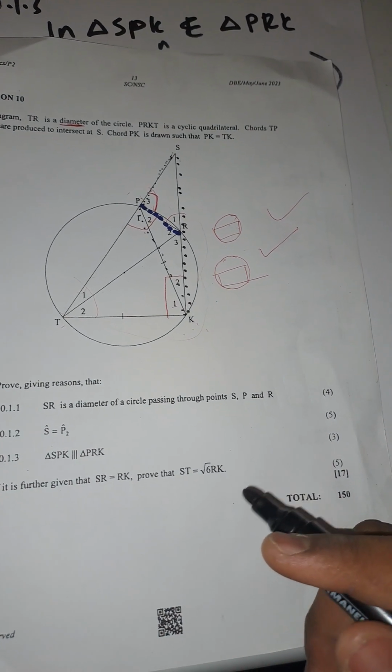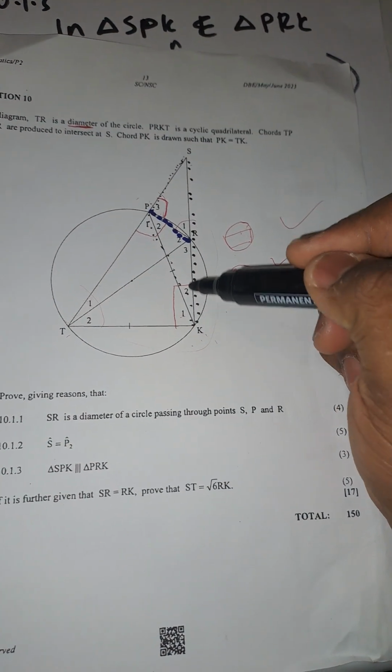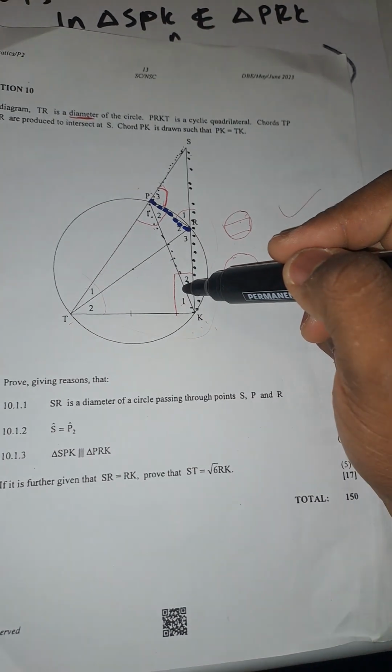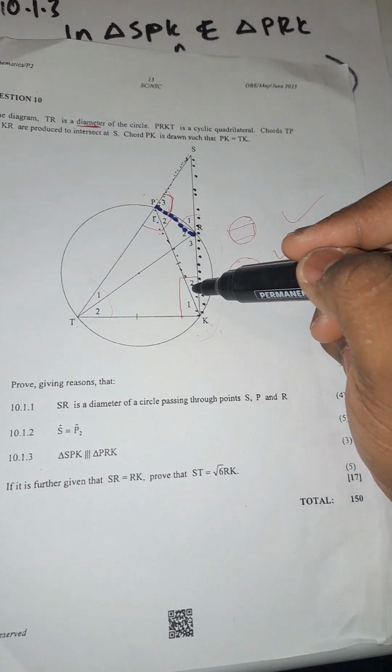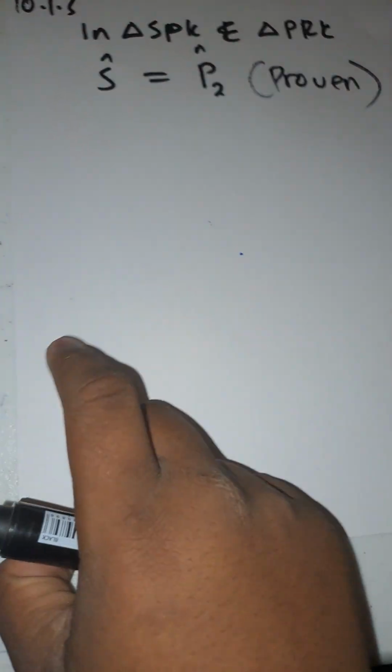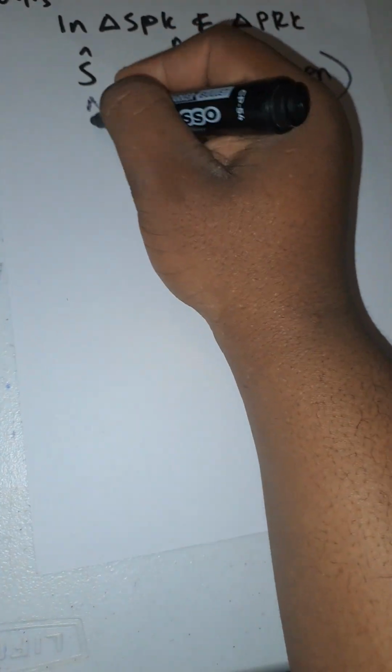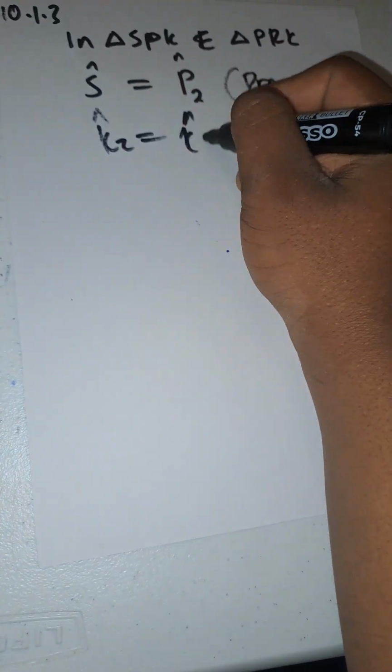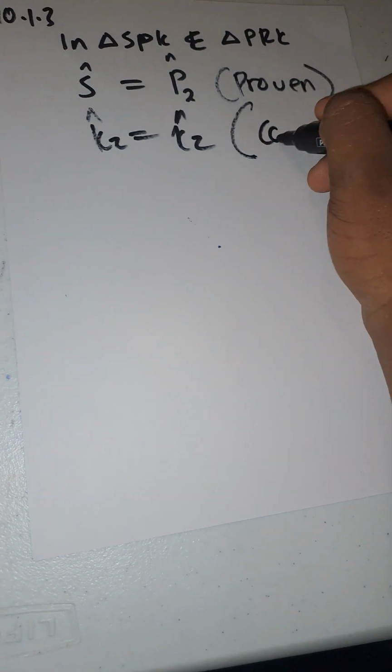From what I can see, my K2, which is this one, is also equal to K2, because it is the very same triangle that is inside there. Can you see that? So angle K2 equals angle K2. It is common.